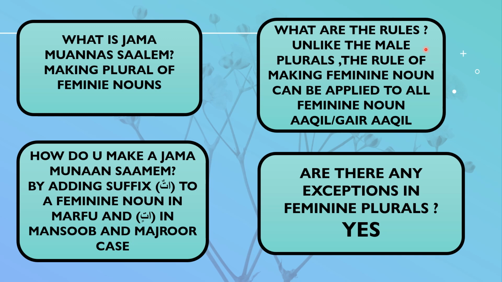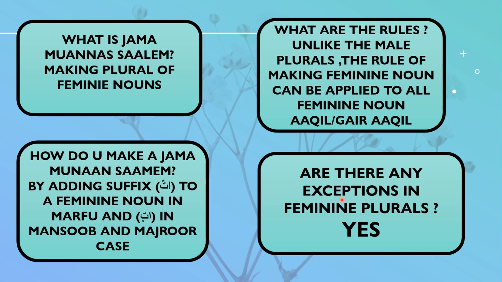For example, alam, so it's made into alamun, alameen. But in feminine, unlike in the Jama Muzakkar, what happens? The rules of the Jama Muannas Salim is applied for the feminine humans also and for the ghair aqils also. And are there any exceptions in the feminine plurals?